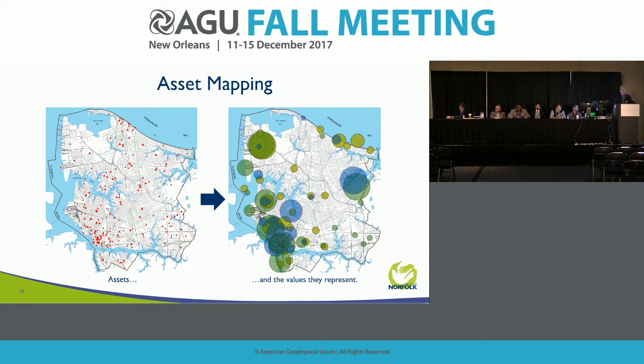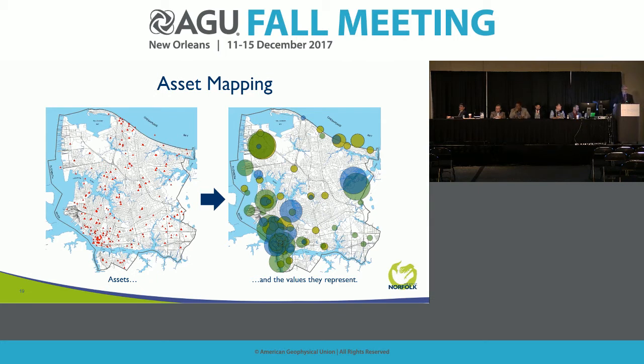And so we went out to the communities and we said to them, folks, what are those people, places, things, and events that make Norfolk, Norfolk? What is it that if we didn't have, we would be just another big city without our identity? So we tried to find those identity factors, those identity assets, and put them on a map.